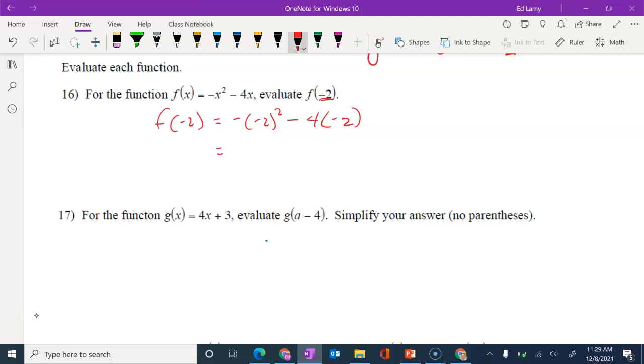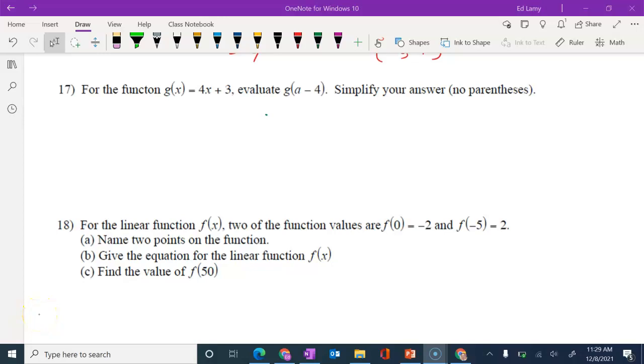Let's see, that's -2 squared is 4. It's the negative of 4 minus -8 plus 8. Well, 4. So there's another way of saying when x is -2, the input's -2, the output is 4. The point (-2, 4) would be on that graph.